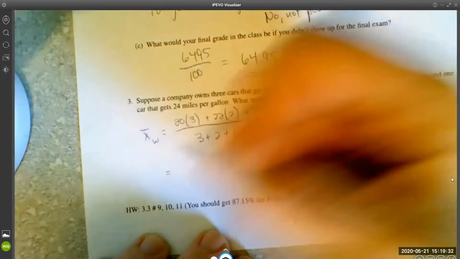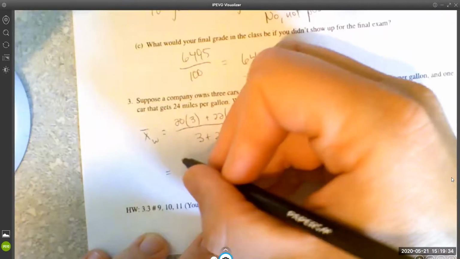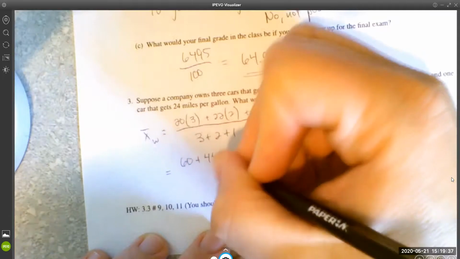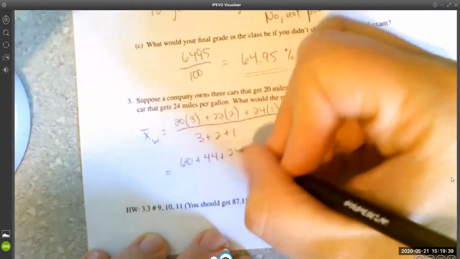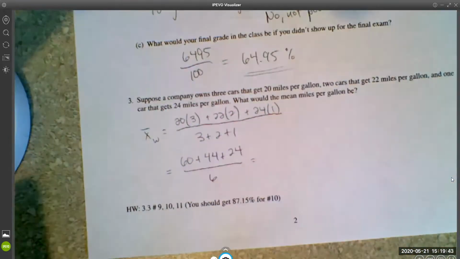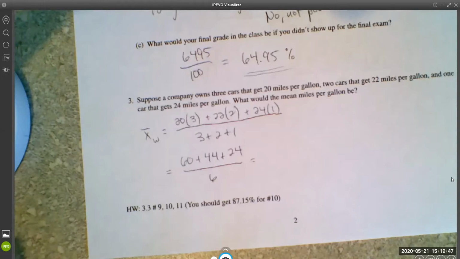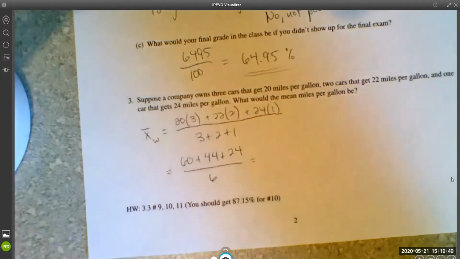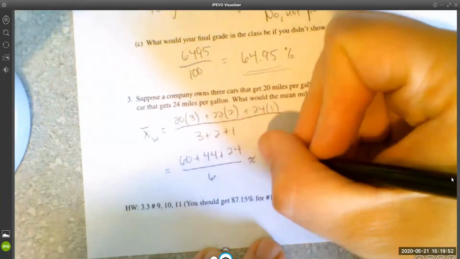That ends up being 60 plus 44 plus 24 divided by 6, which is about 21.3.